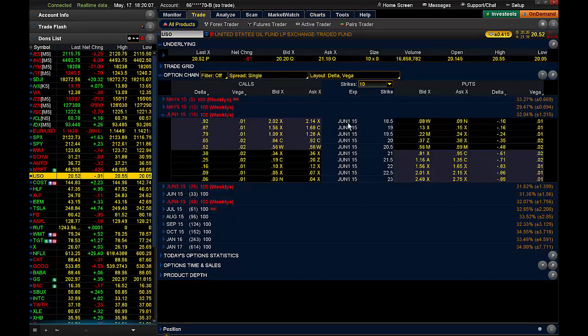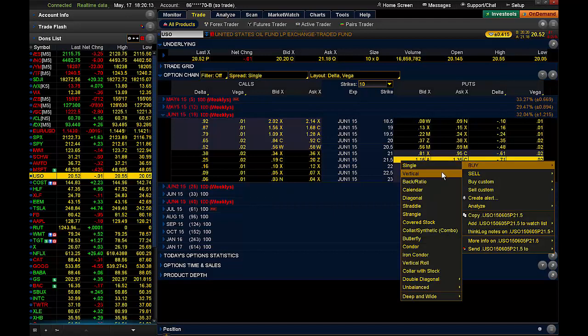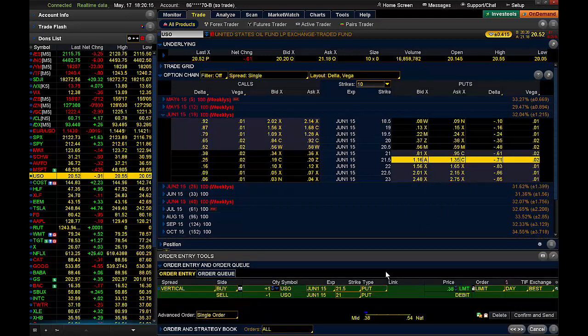So if I'm trying to build some type of options position here, I like to set things up where my risk is relatively defined. There's not necessarily only one way to do one of these trades. There are umpteen different ways that you can build an options trade here.